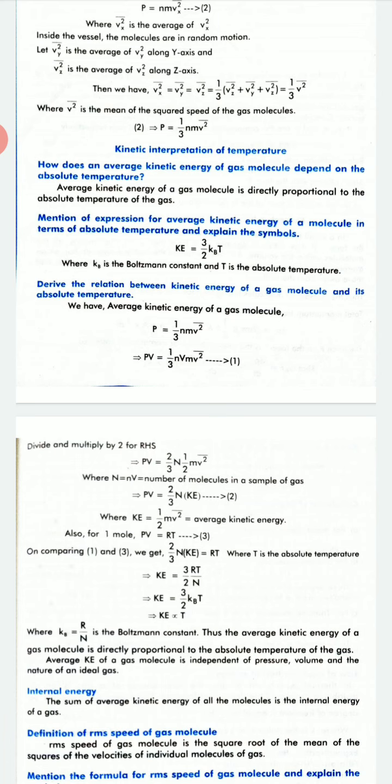So you remember this equation, KE is equal to 3 by 2 kBT. It gives the expression for average kinetic energy of a molecule in terms of absolute temperature.